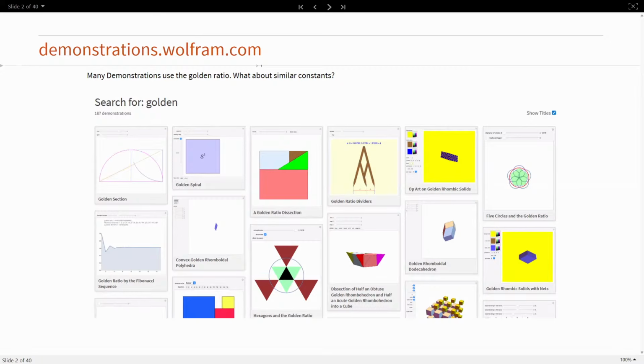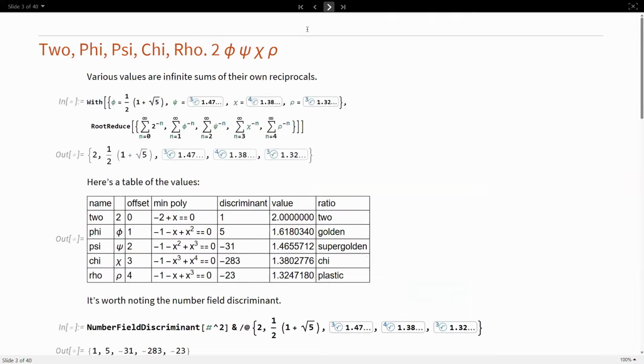The pentagon is a shape where the diagonals have a ratio of a golden ratio to the edges. So when I learned more, I found these other constants that were related to the golden ratio that came up a lot, and I thought I would explore some of the discoveries I've made in this talk.